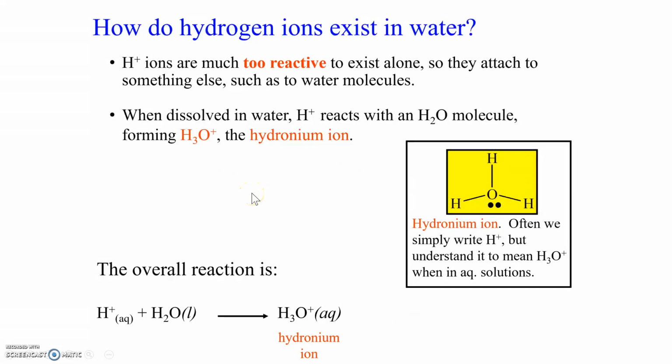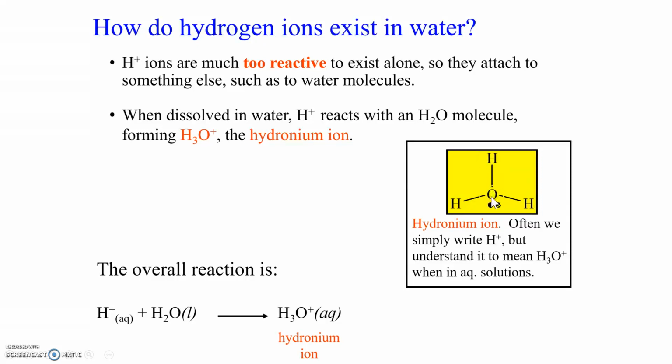So the reaction I just showed is the formation of the hydrogen ion. This is very common when we talk about acids and bases, but this is actually not a true reflection of what is happening in water. When you add the hydrogen ion to water, it is very reactive and forms a hydronium ion, which is that addition of the H+ to the water molecule. This is a Lewis dot structure of the hydronium ion.